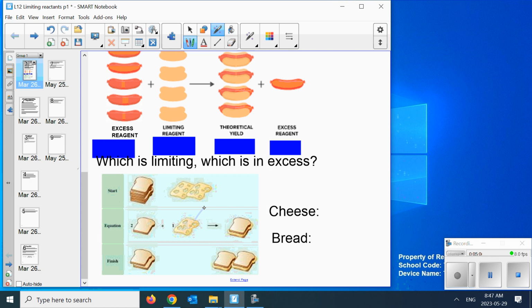So we would call that the limiting reagent, limiting reactant. I'm going to put reactant down just for a change of words, so you're familiar with both phrases. And then, obviously, the bread is the excess, and there are two slices of bread left.